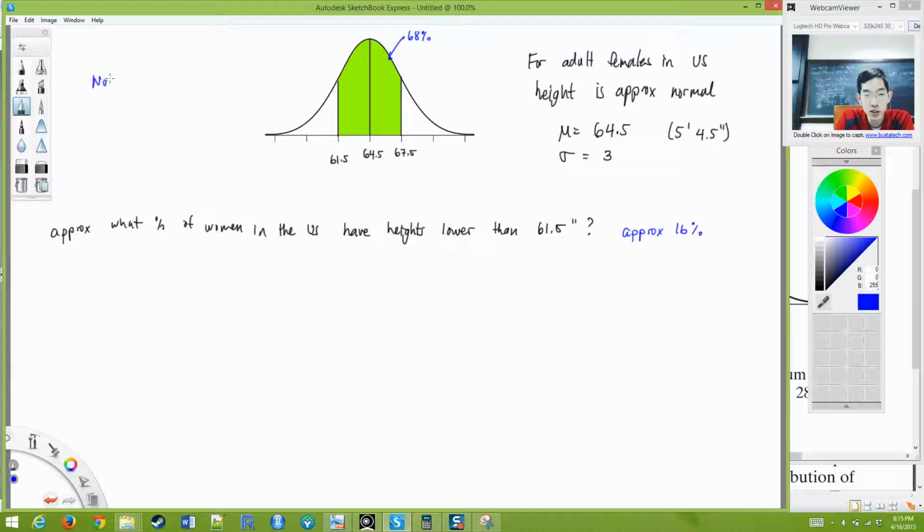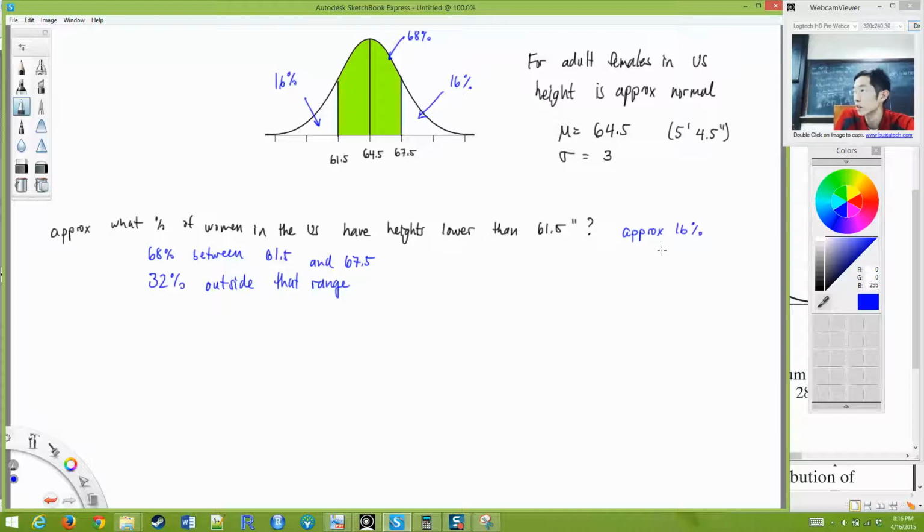So 68% between 61.5 and 67.5 means 32% outside that range. And that 32% is split between the area above 67.5 and the area below. The normal distribution is symmetric, so we would expect about 16% over here and 16% there. And so that's how I'm getting approximately 16%.